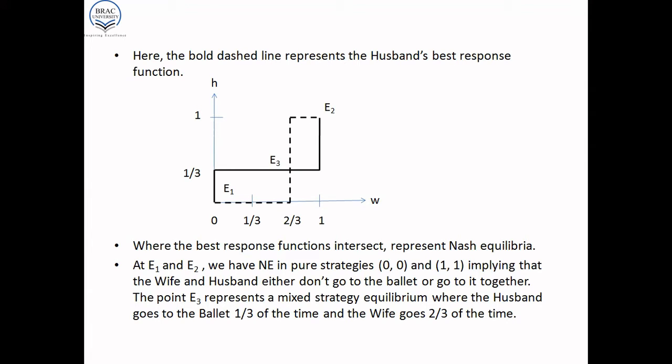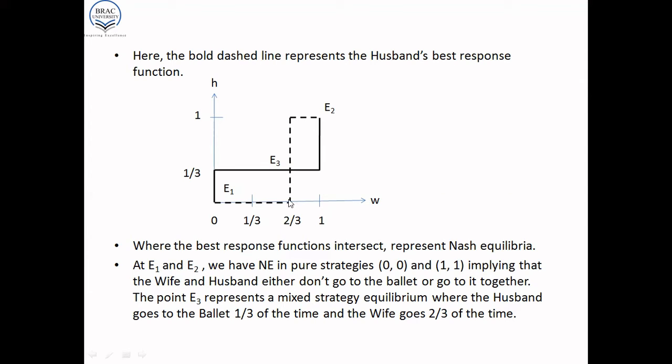So again, 2/3 is a critical value for W, for the husband. When W is less than 2/3, the husband's probability should also be less than 2/3, and should be 0. When the wife's probability is exactly equal to 2/3, the husband could set any probability between 0 and 1.